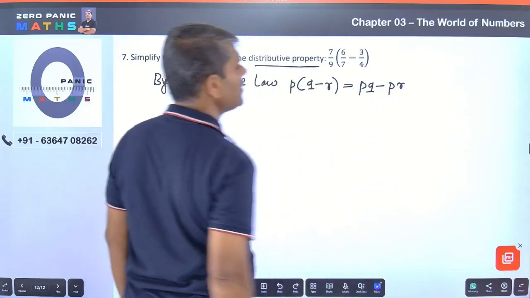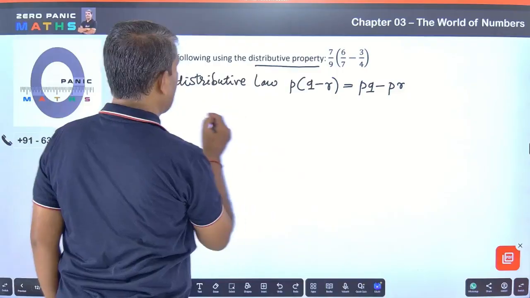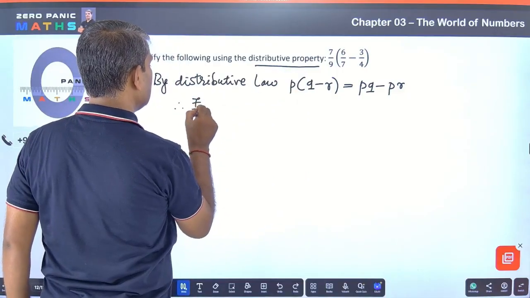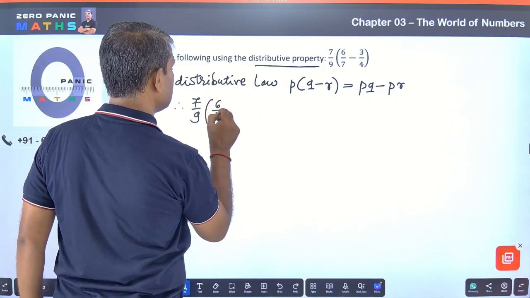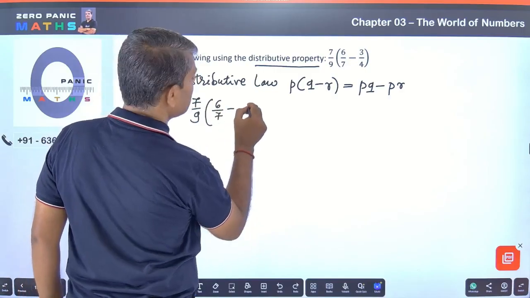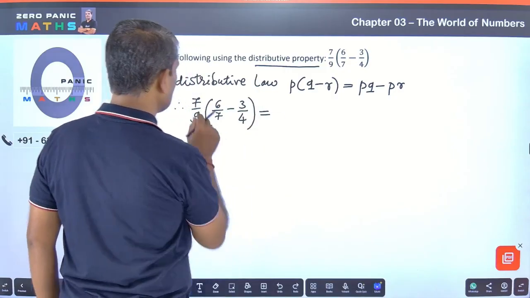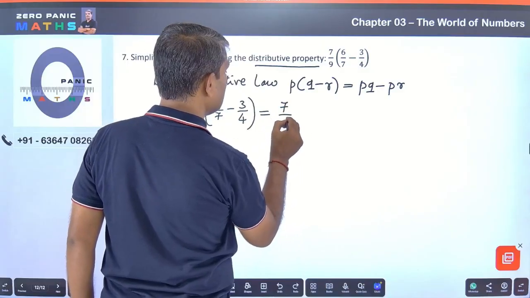So instead of plus, I will take it as minus. Okay. So let us apply this and take 7 by 9 multiplied by, what is the next fraction? 6 by 7 minus 3 by 4.